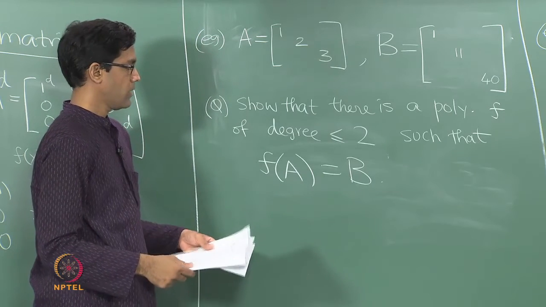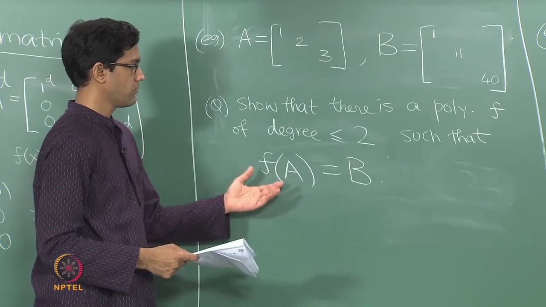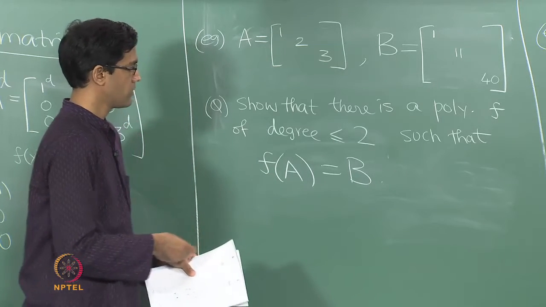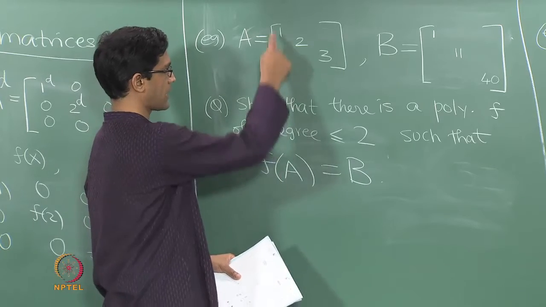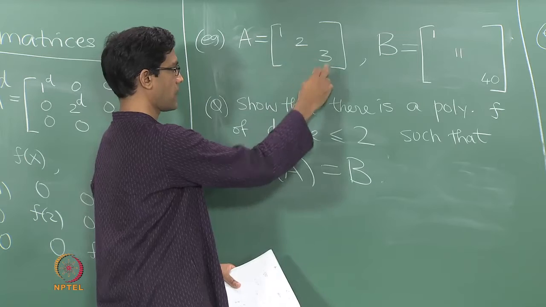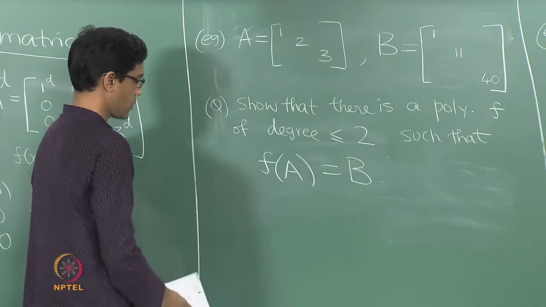Okay, and the way to go about this is just by using the observation that we just made, that when you apply a polynomial to a diagonal matrix, all it does is just apply that polynomial to the 3 diagonal entries. Okay, so let's try and solve this problem.